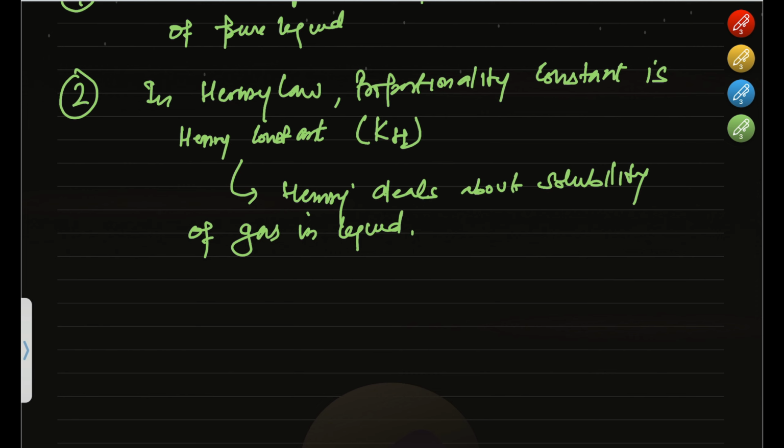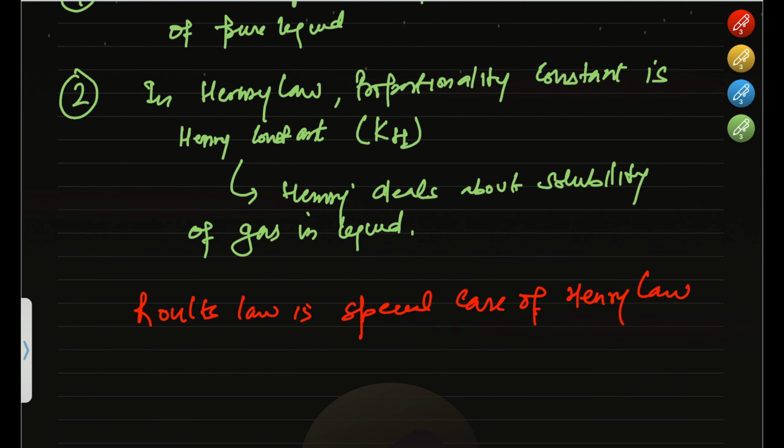Now move on to the next topic: Raoult's law, a special case of Henry's law. Write down the heading: Raoult's law is a special case of Henry's law.